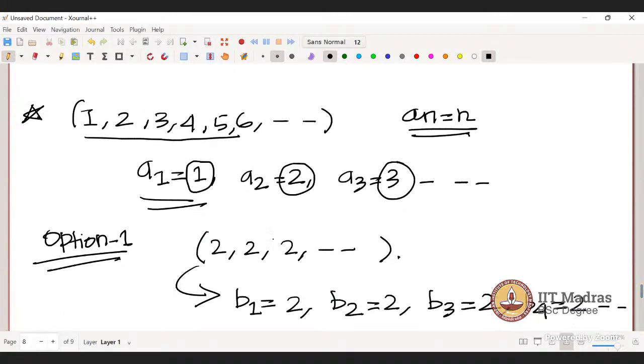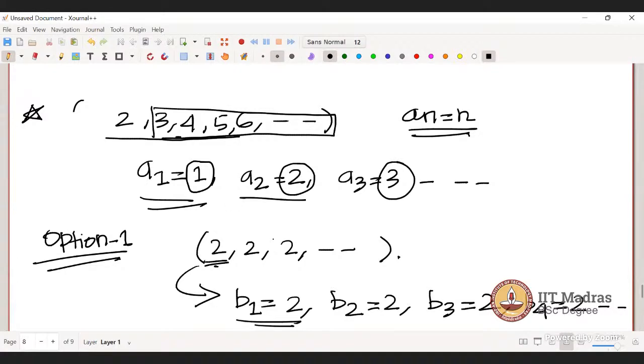Exactly. So first of all, if I remove this one, I'll get 2, right? Then I can get B1 to B2. That is fine. But after that, it should increase. As you can see, 2 doesn't appear after A2, right?